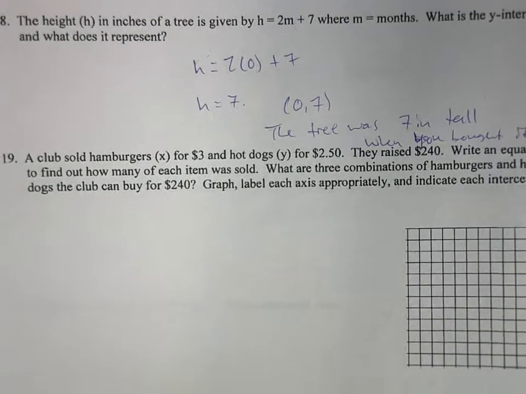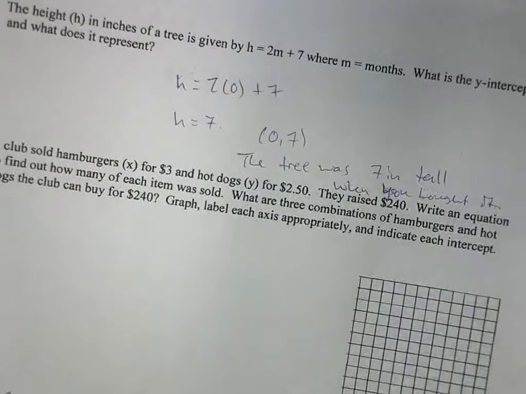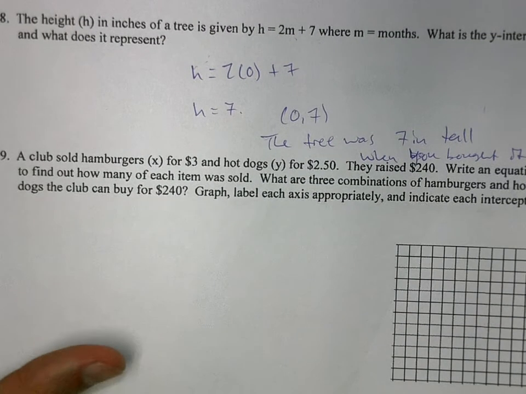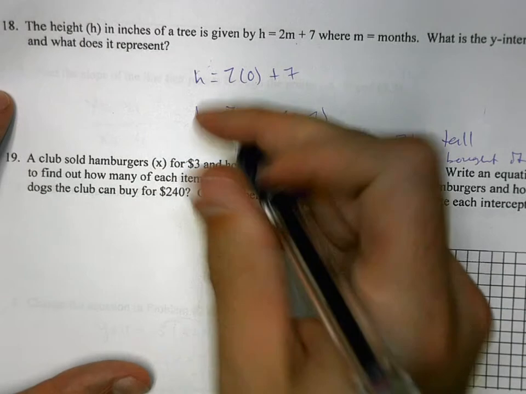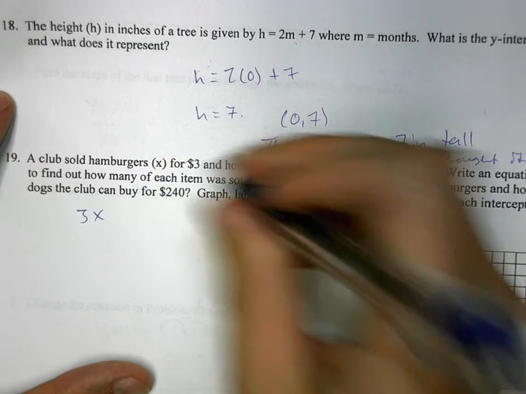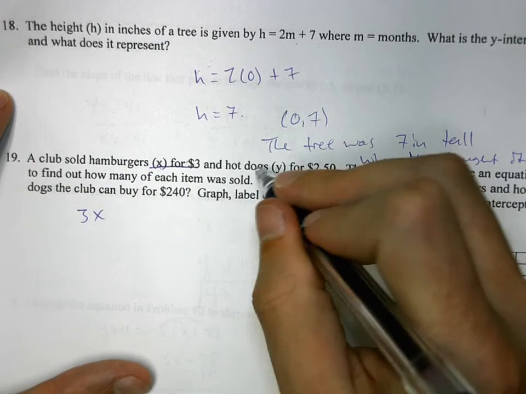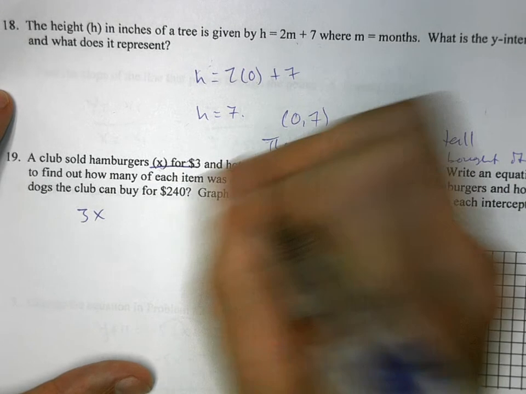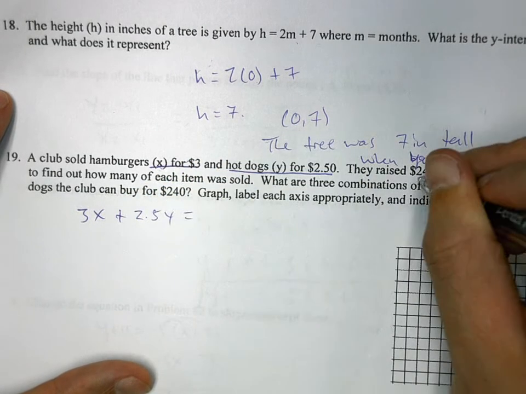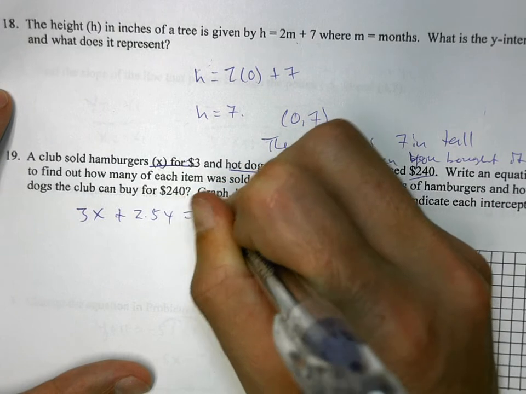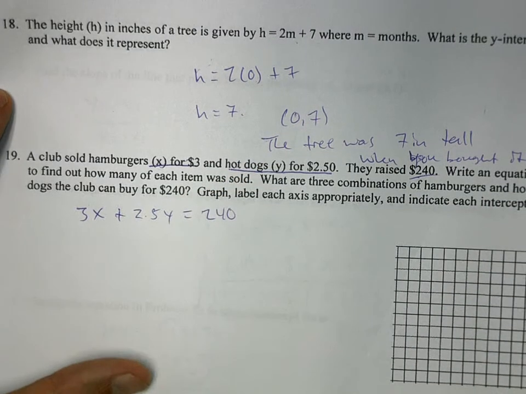Club School hamburgers. Hamburgers and hot dogs. Sounds good. I'm hungry. Hamburgers x for $3, so 3x. Hot dogs y for $2.50, so plus 2.5y, for a grand total of $240. Okay.